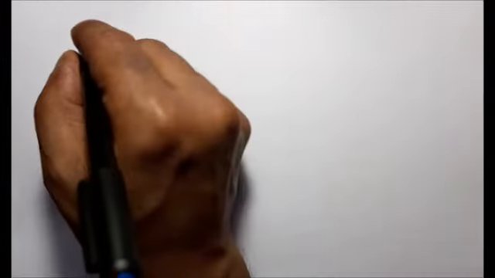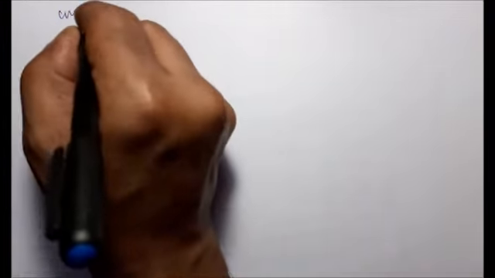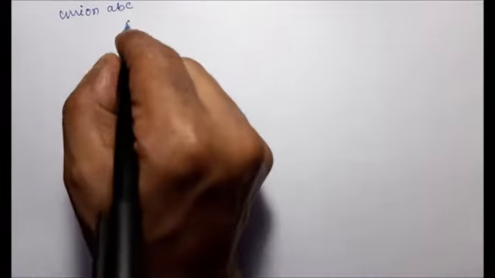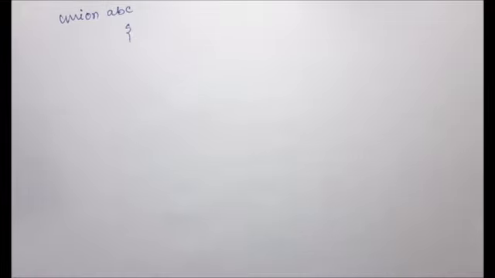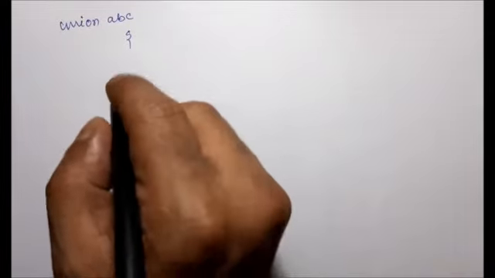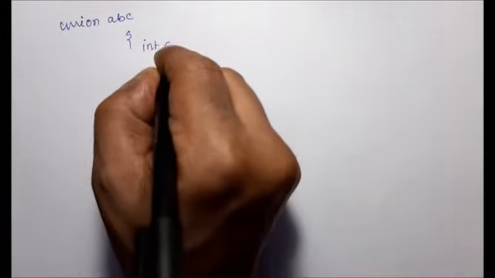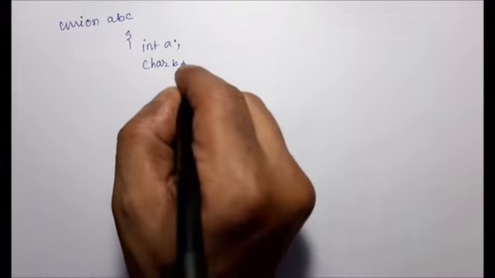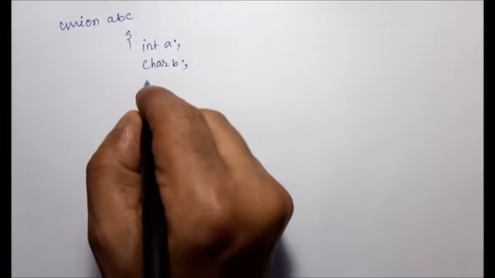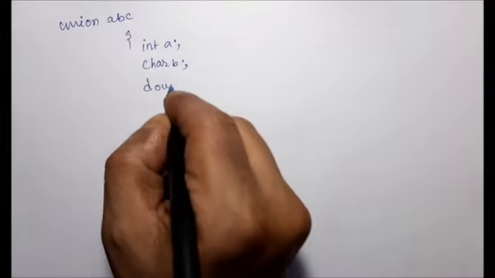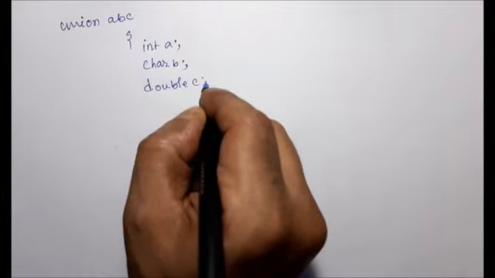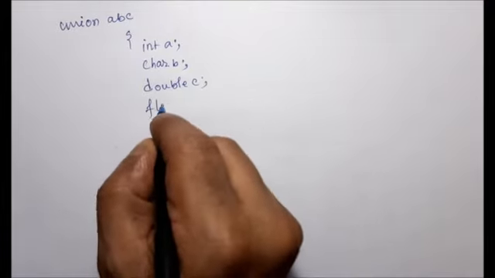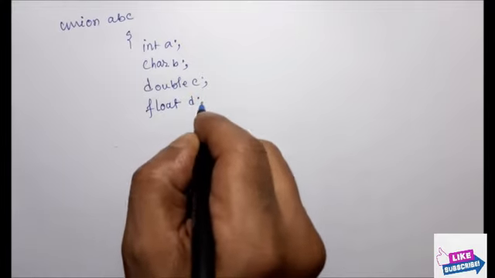So, I am taking union ABC, and within that let us consider more members. The first member is int A as in the previous example, the second one is char B, the third one is double C, and the fourth member is float D.